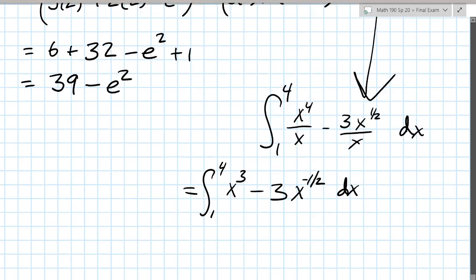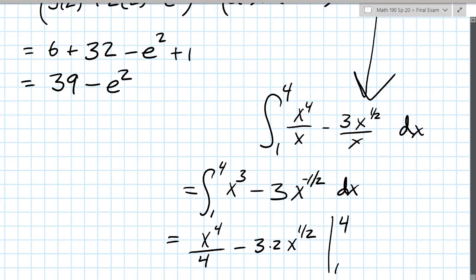Now that I've got just some power functions, I can use power rule. So add 1 to the exponent, divide by the new exponent. Add 1 to the exponent, divide by the new exponent. And when we divide by a fraction, we multiply by the reciprocal. Evaluate it at the values.